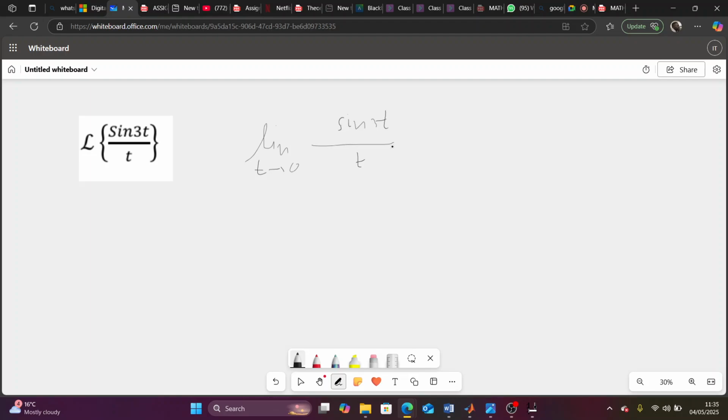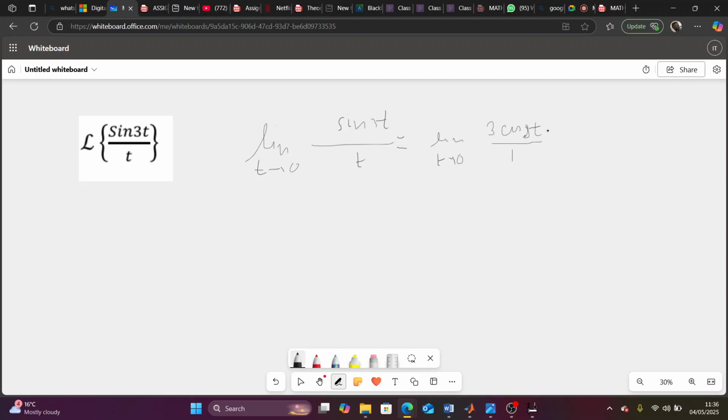So what we do here, we differentiate this function, on top and at the bottom. On top, what do you get? You get 3 cos 3t. You differentiate the bottom. What does it give you? 1.